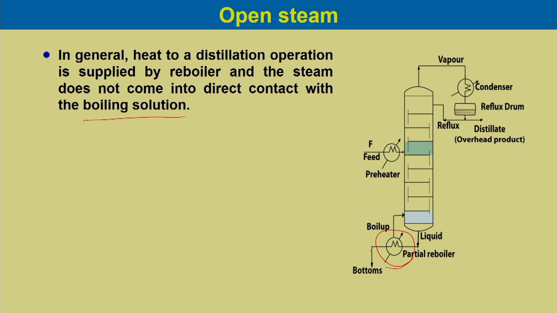The solution which is to be separated into different fractions does not come in contact with the steam. The mixture or solution is heated, and part of that solvent is in the vapor, which is returned as boil-up to the tower at the bottom. So, in this case the boiling solution does not come in contact with the steam.